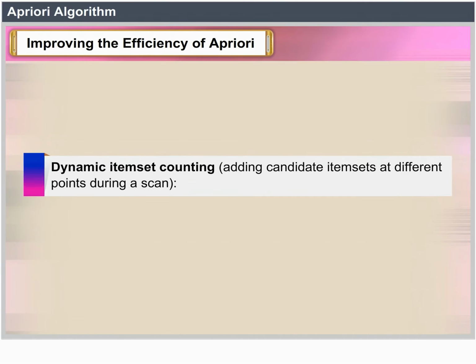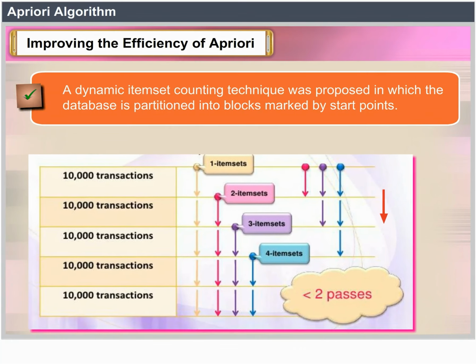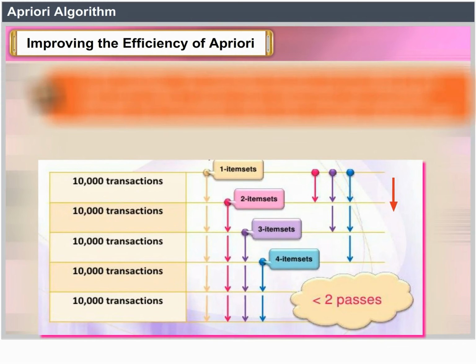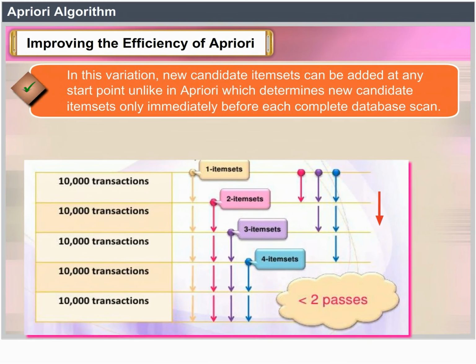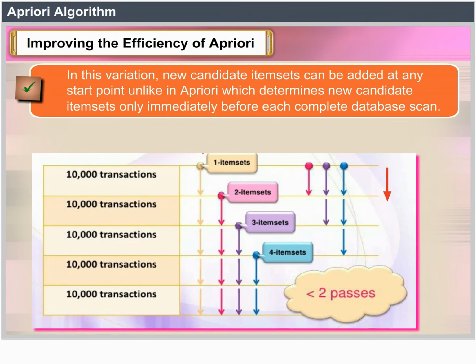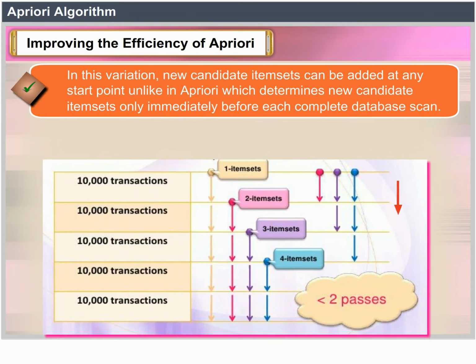Dynamic item set counting, adding candidate item sets at different points during a scan. A dynamic item set counting technique was proposed in which the database is partitioned into blocks marked by start points. In this variation, new candidate item sets can be added at any start point, unlike in Apriori, which determines new candidate item sets only immediately before each complete database scan.